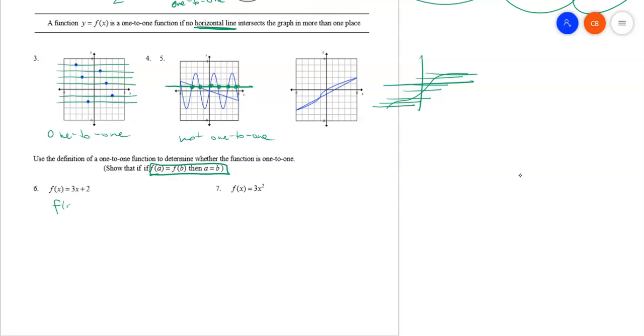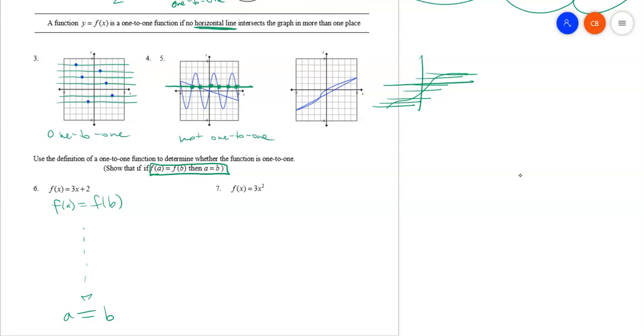We set f of a equals f of b. Then we simplify, and over the course of this simplification, we want to arrive at this type of statement, a equals b. Then if the two y values are equal, we can show for sure that the two x values are equal. So why don't we give it a shot?